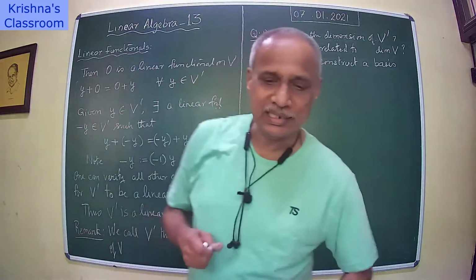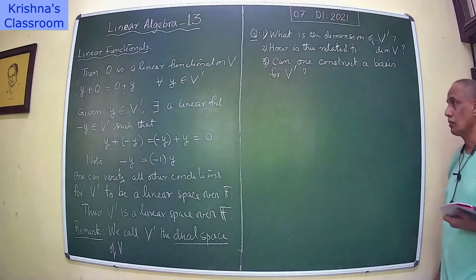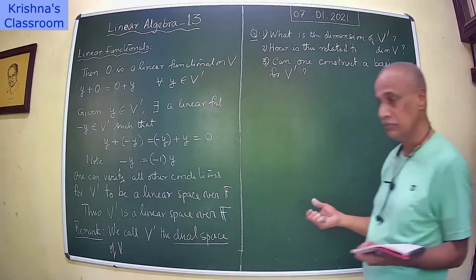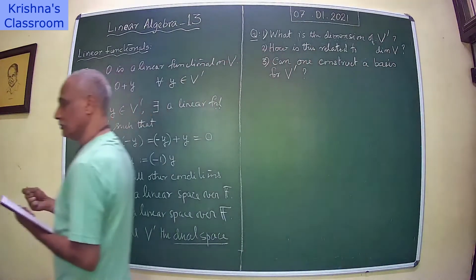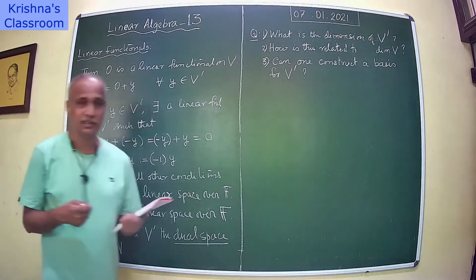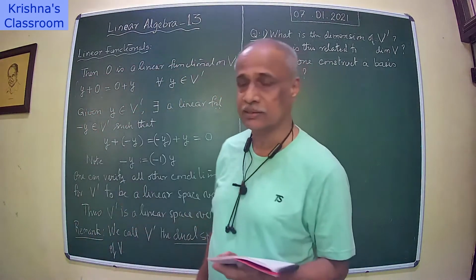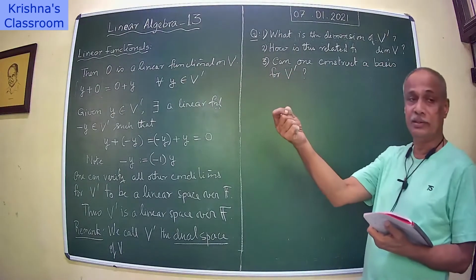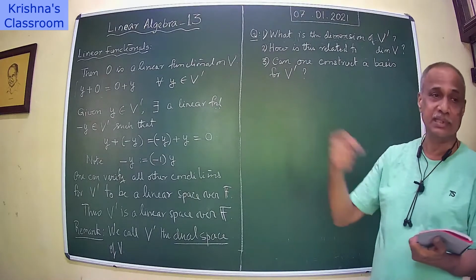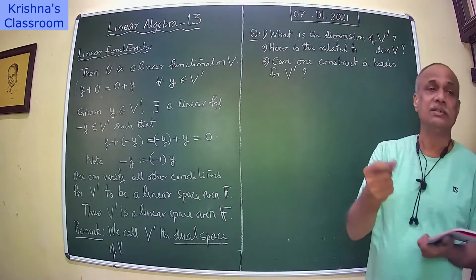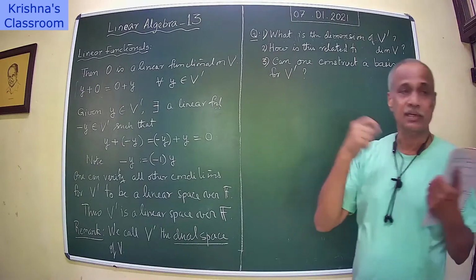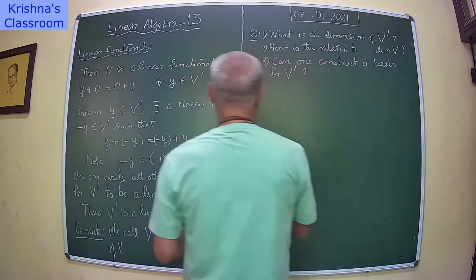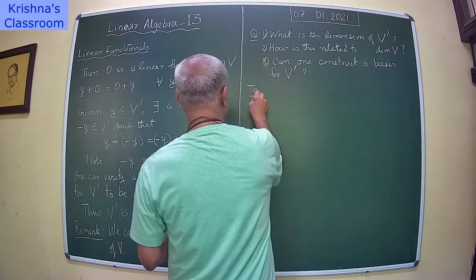Suppose you have a basis for V. Then if you specify a linear functional on the basis, by which you mean the evaluation of the linear functional on the elements of the basis, that fixes up the linear function. So we make a statement about it in the form of a theorem.